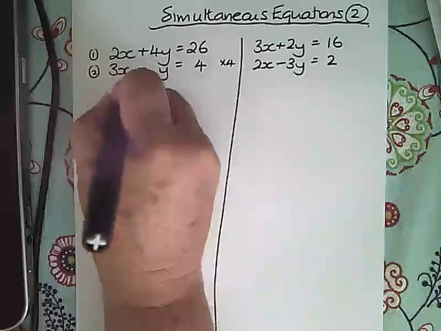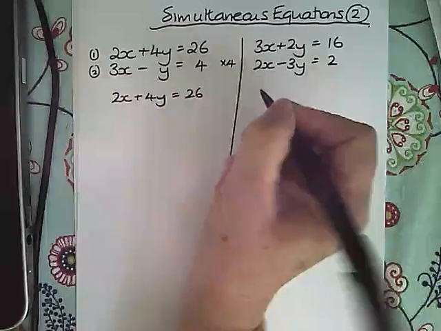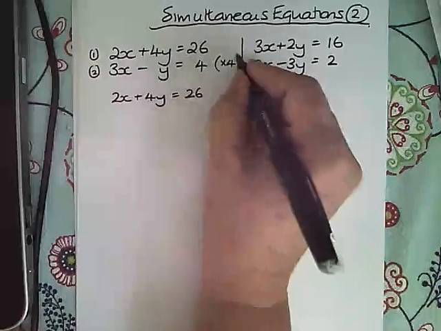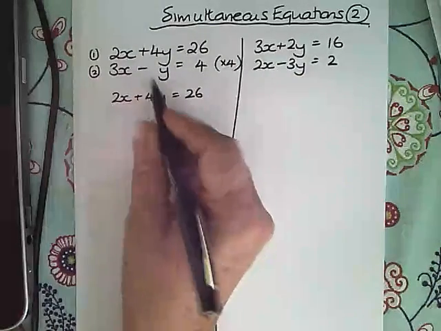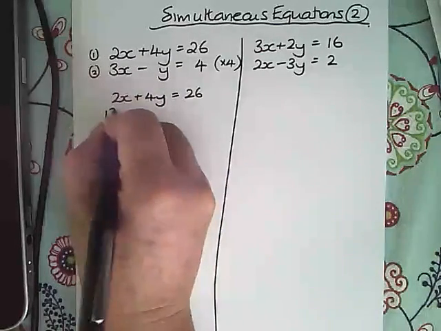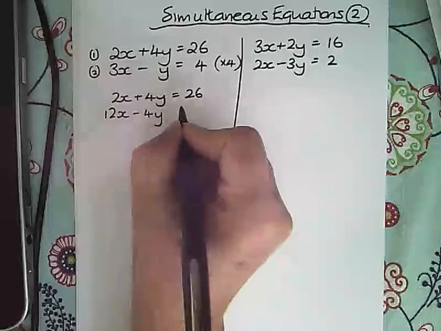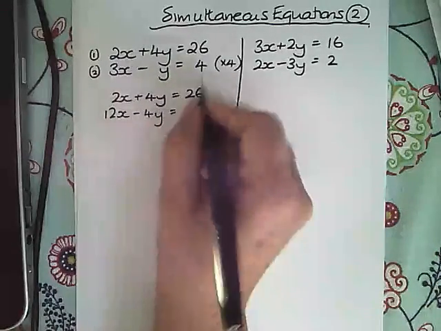So 2x plus 4y equals 26. And then I'm going to times everything on the bottom equation by 4, and then I'll be able to match up the coefficients of y's. So 3 4s are 12, so 12x minus 4y, and then that equals 4 4s are 16.